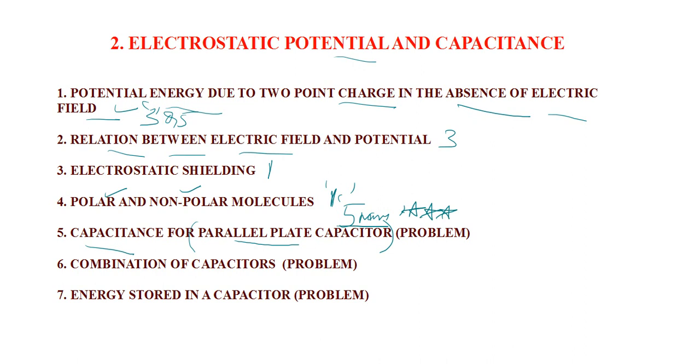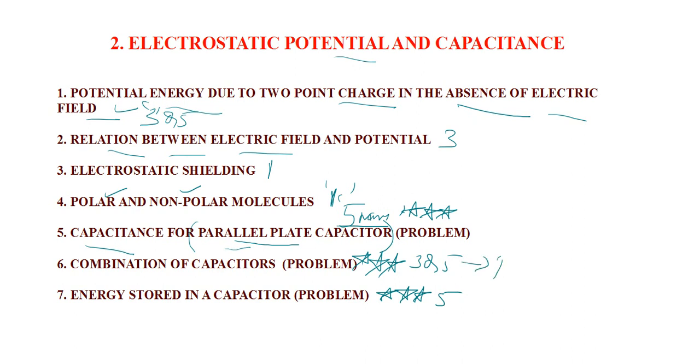And then next is combination of capacitors and energy stored in a capacitor. They may ask for 3 or 5 marks, and here the energy stored is definitely asked for 5 marks. And remember, in the combination of capacitors there is a series combination as well as a parallel combination.